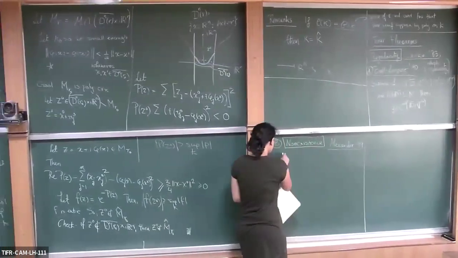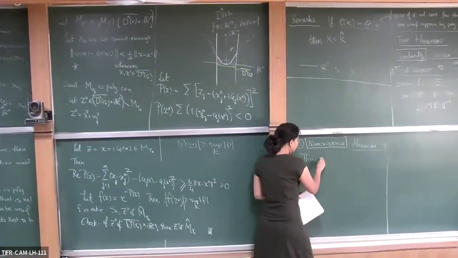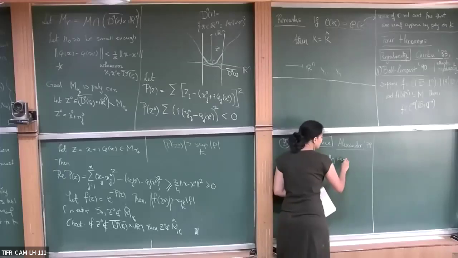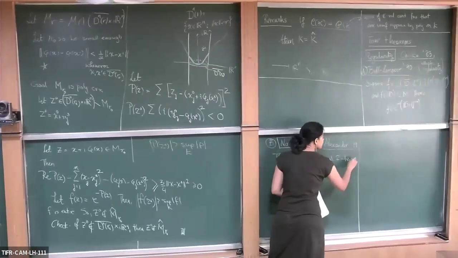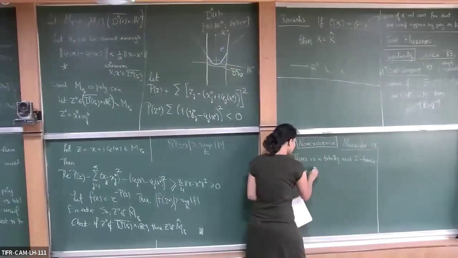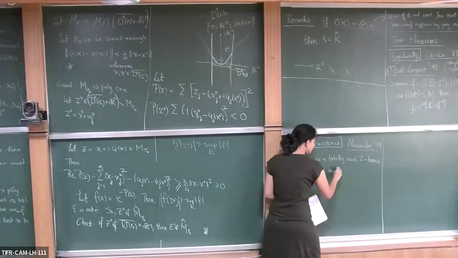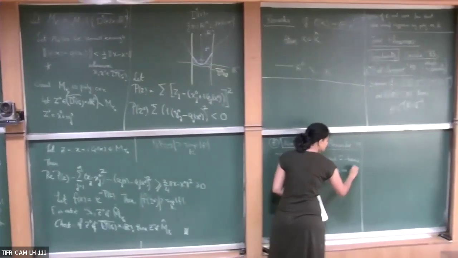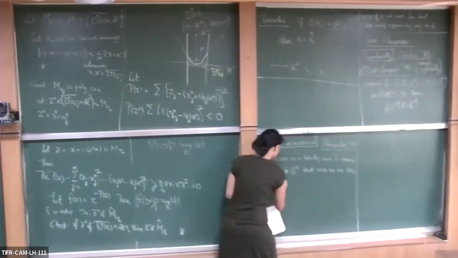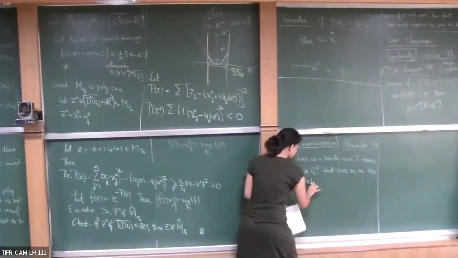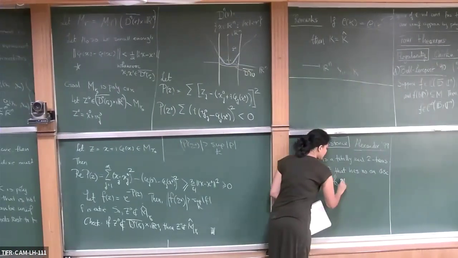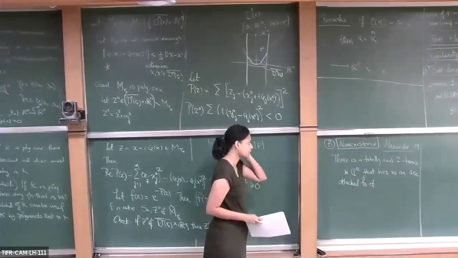So we are going to discuss this example. There is a totally real torus in C^2 that has no analytic disk attached to it. When I say no analytic disk, I mean no non-trivial analytic disk attached. We will discuss this example. It's actually not that hard to write.